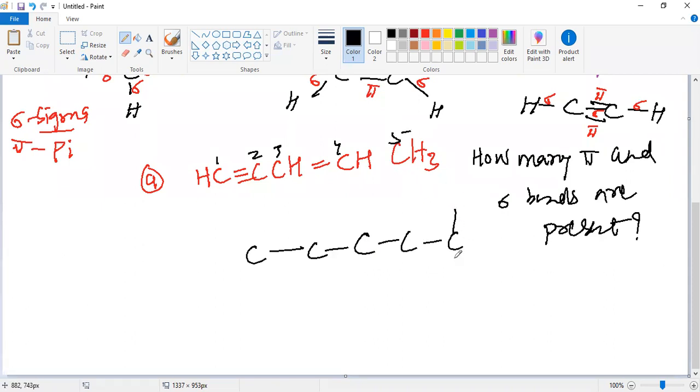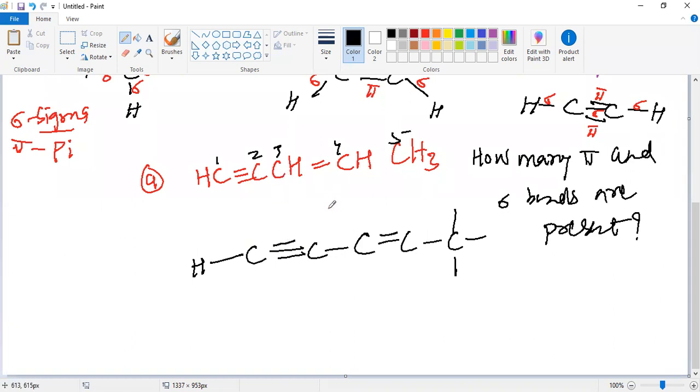This carbon is bonded with 3 hydrogens. The fourth carbon undergoes the double bond between the third and fourth. So there is the double bond that we can represent, and the first and second carbon has got the triple bond, so we can put it there, and then we can write it this way. So this is CH, triple bond, then C, this C has got all its valency complete.